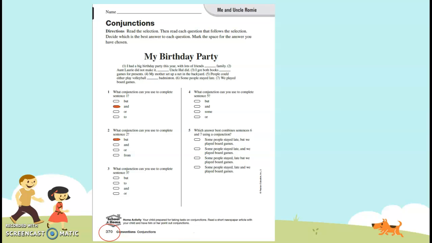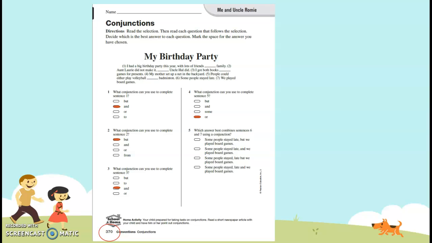I got both books, games for presents. Number 4. What conjunction can you use to complete sentence 5? Because number 4 is completed. People could either play volleyball or badminton.